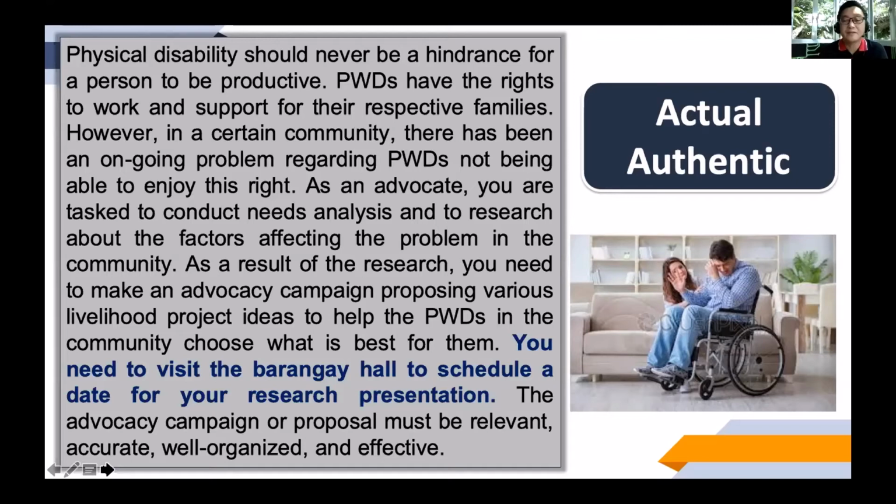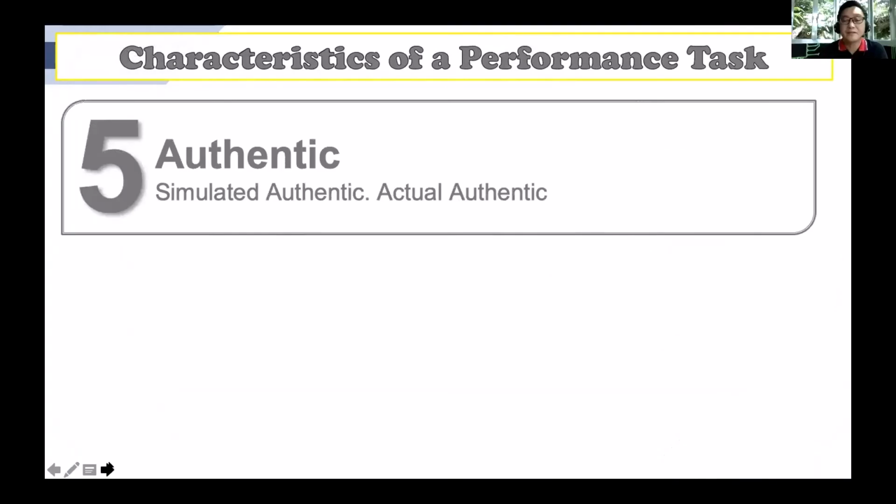So I think I have given you an example of a performance task or a product that progresses from non-authentic to simulated authentic and now to actual authentic. I hope that you will seriously consider all those elements mentioned earlier. So again, an authentic performance task is either simulated or actual.